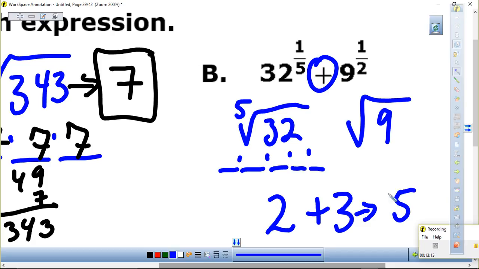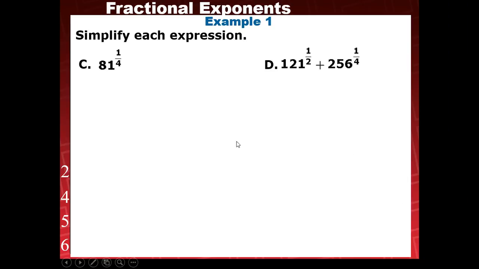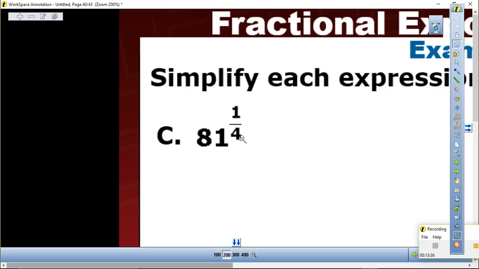Do you see what we're doing? Okay. Let's do one more. I want you to do C. Let's see how you do.